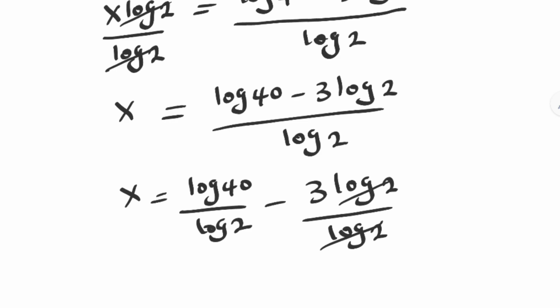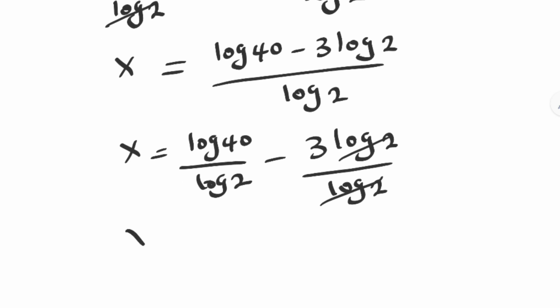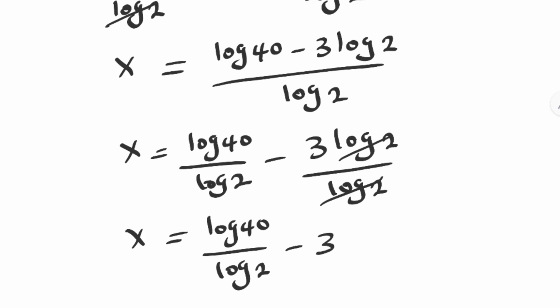This log 2 cancels this log 2. x is equal to log 40 over log 2 minus 3.